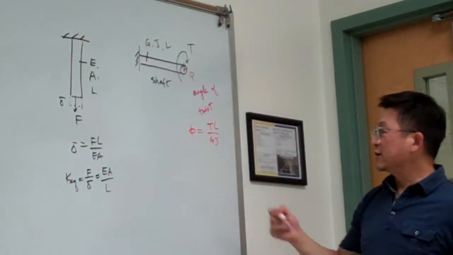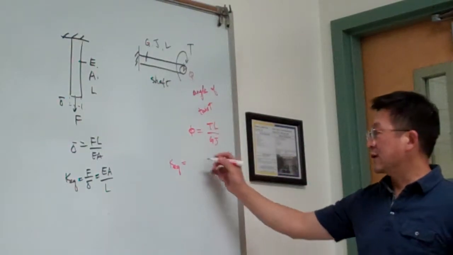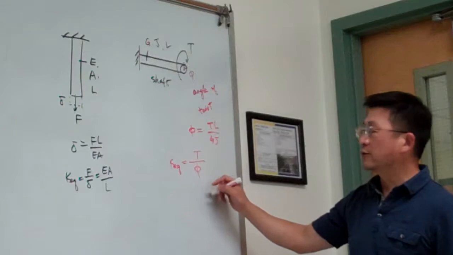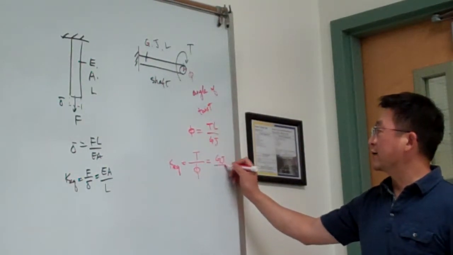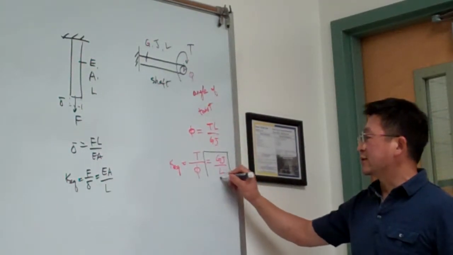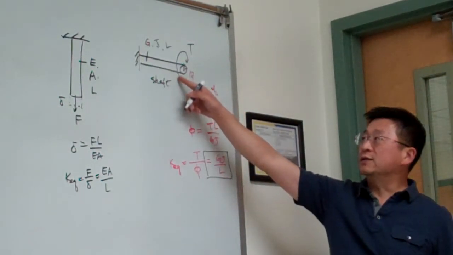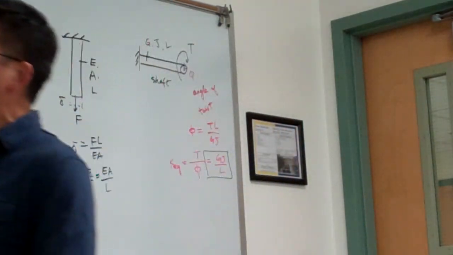The equivalent spring constant for torsion is defined as the force, which is torque, divided by angle. So basically this is GJ over L. That is the template of the formula. You can pick it up for obtaining the equivalent spring of the shaft. That is the purpose of the Q page I provide here.